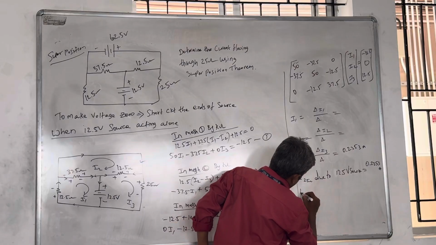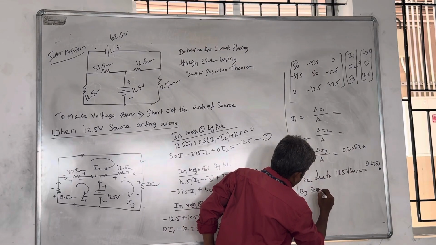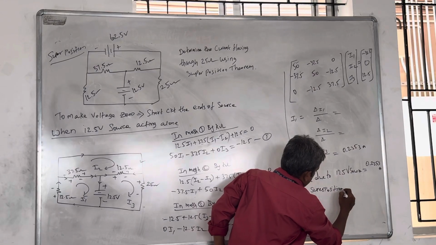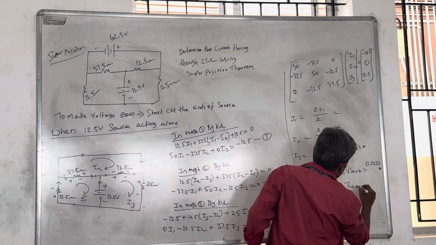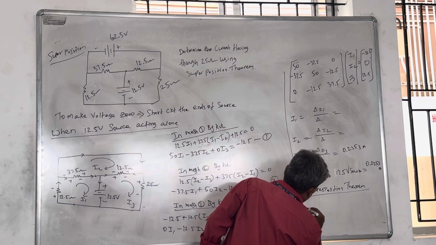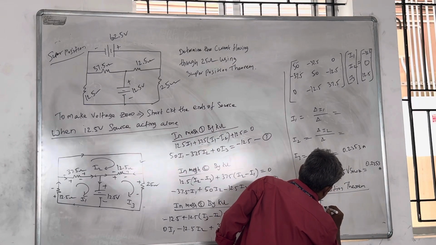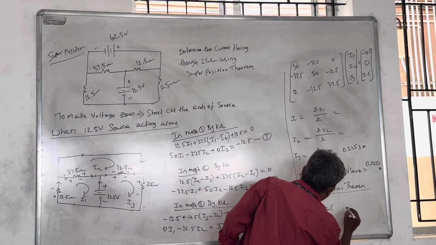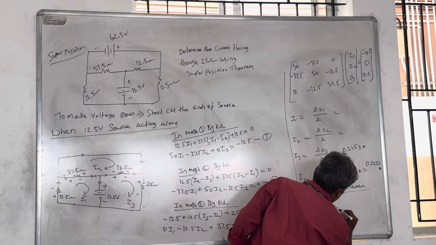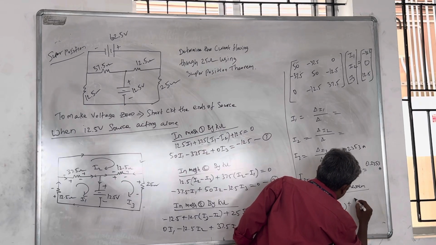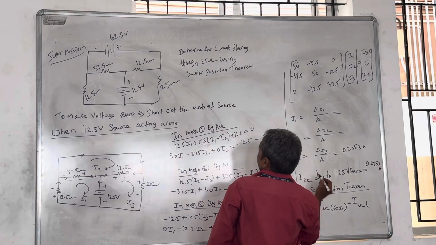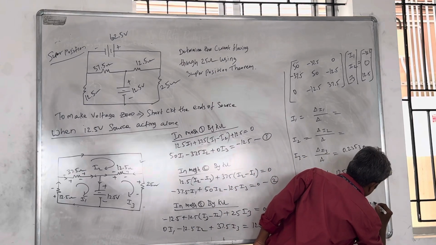So finally you have to write like this by the superposition theorem. By the superposition theorem, current through 25 ohm equals current through 25 ohm due to the 62.5 volt source plus current in 25 ohm due to the 12.5 volt source.